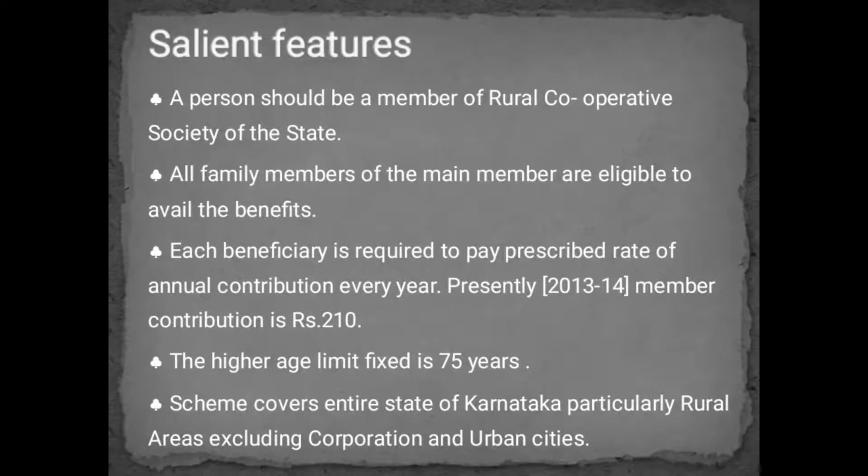Presently, in 2013-14, the member contribution is rupees 210. The higher age limit fixed is 75 years, so after that they can't get it. The scheme covers the entire state of Karnataka, particularly rural areas, excluding corporation and urban cities. So it is only for rural people, not the city or urban people.